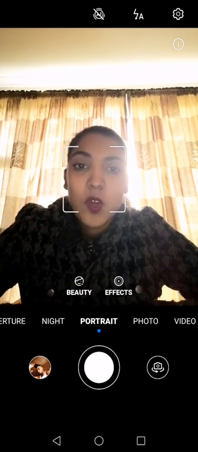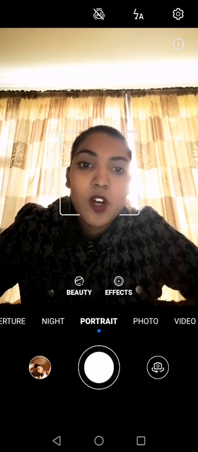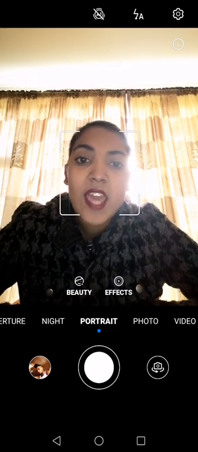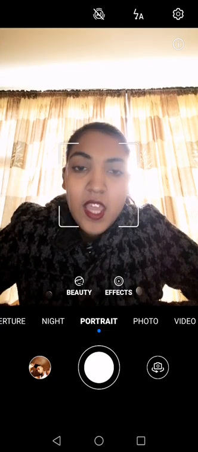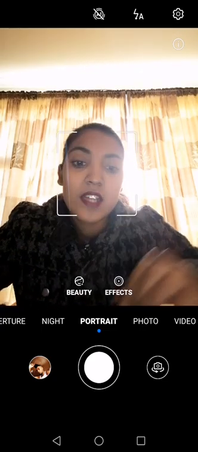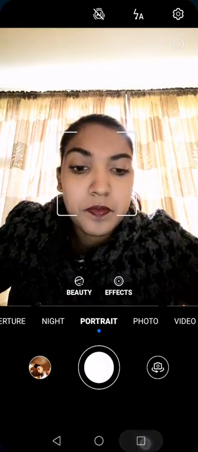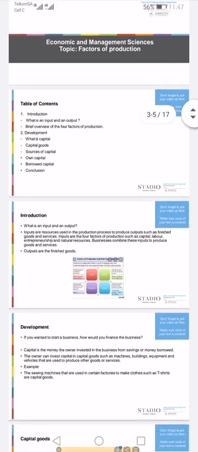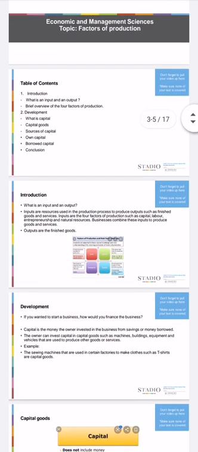In this lesson, we will discuss the topic called the factors of production, very specifically the capital factor. Let's go into our slides that display the table of contents. On our first slide, our introduction entails what is an input and what is an output.